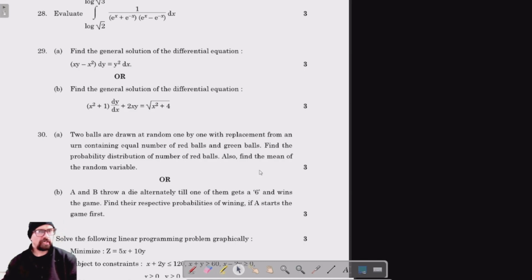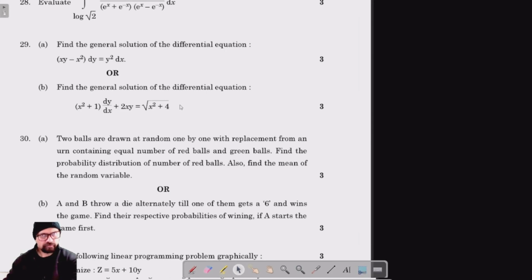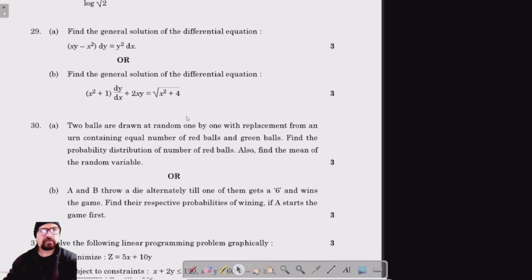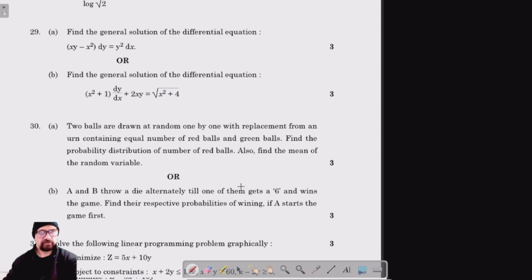Before question number 29, we have to find the general solution of the differential equation. And we'll try to solve both the parts A and B. So let's try to get the differential equation in some known form.